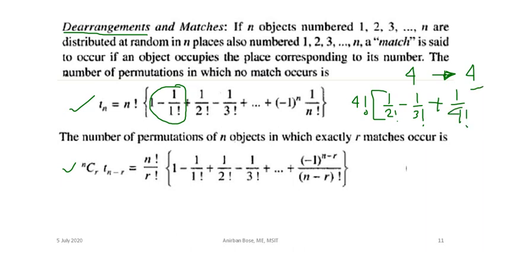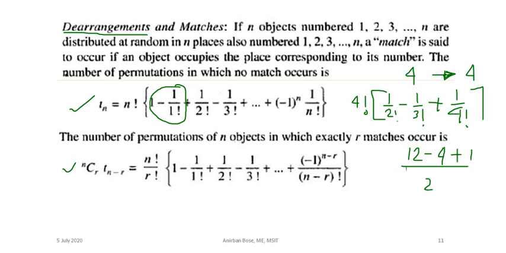That's all. If you do that, the LCM will be 4 factorial, and that 4 factorial will cancel this one. Above, 4 factorial is 24, so 24 divided by 2 factorial is 12. Then minus 3 factorial is 6, so 24 divided by 6 is 4, and 24 divided by 24 is 1.